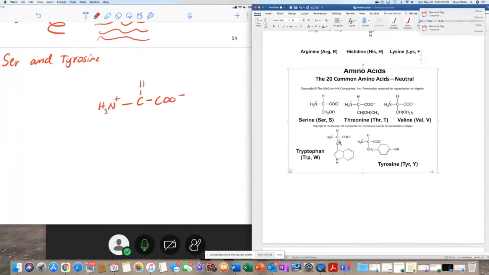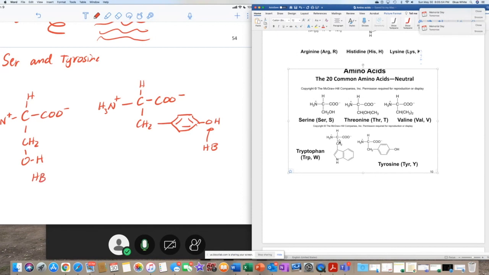NH3 positive, H, CH2. Okay, OH. Yep, this one can hydrogen bond. But I'm supposed to do serine. Serine is right there. So serine is COO negative, H, NH3 positive, CH2OH.